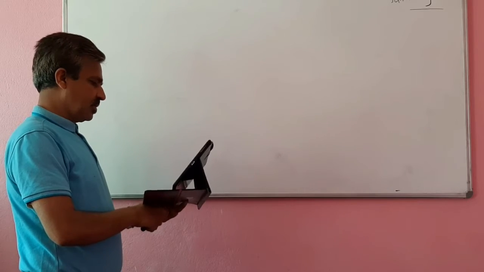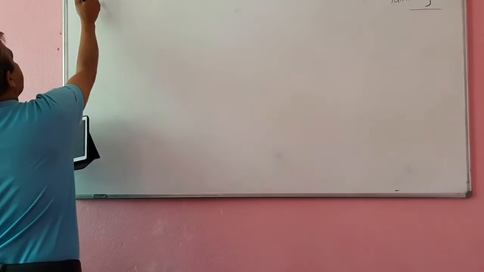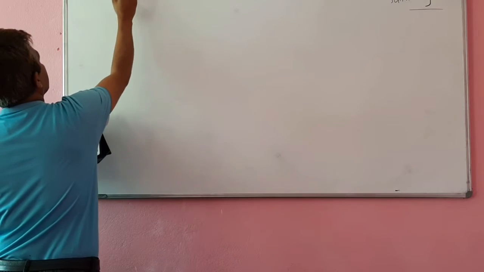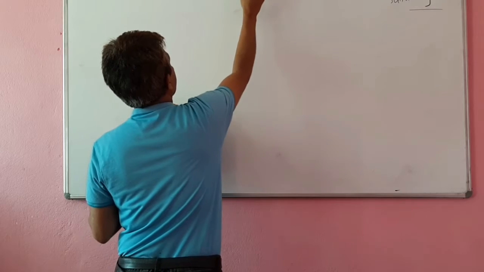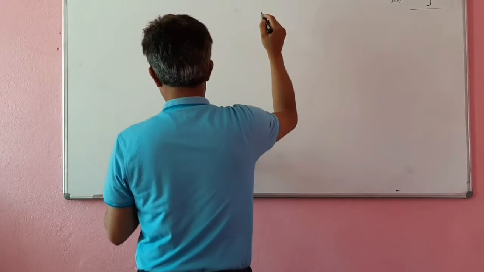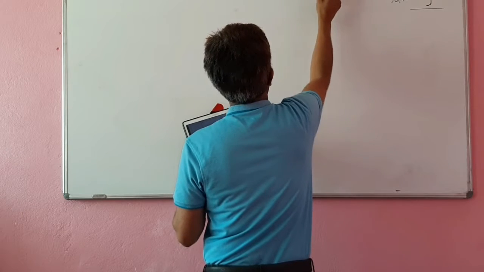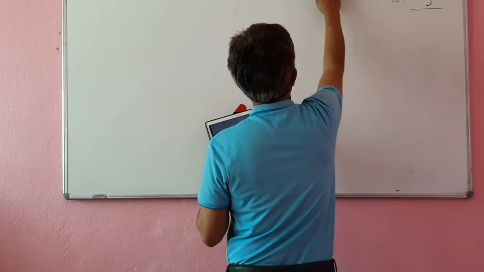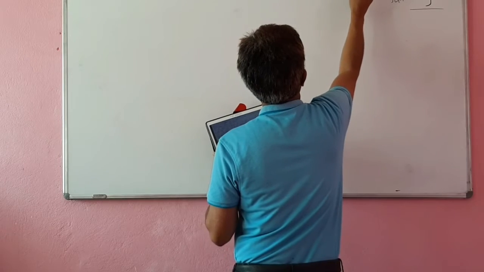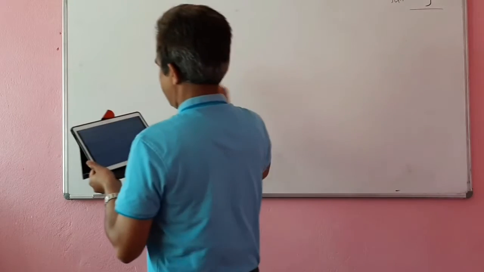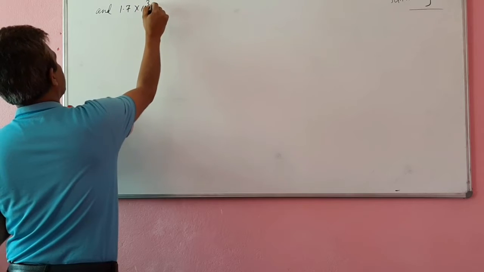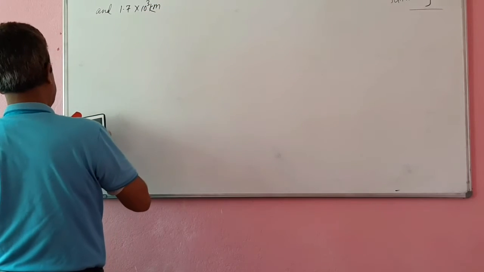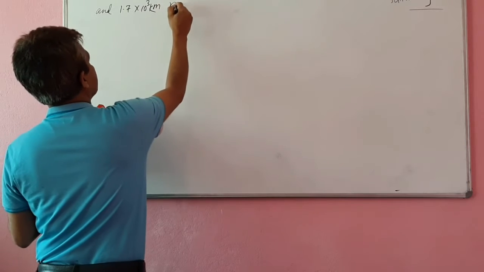Question number 3 says, the mass and radius of the moon are 7.2 times 10 to the power 22 kg and 1.7 times 10 to the power 3 kilometer respectively.